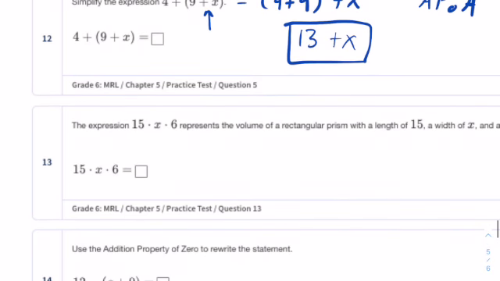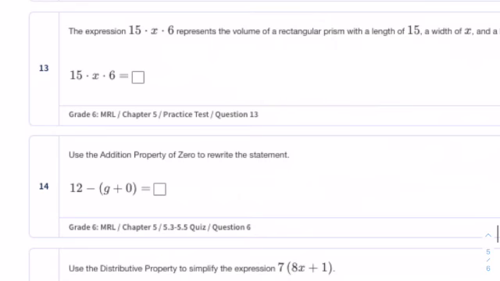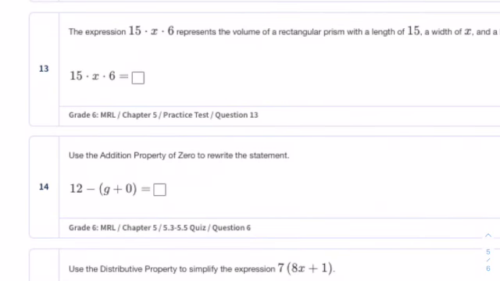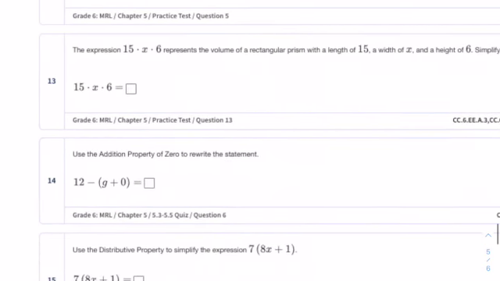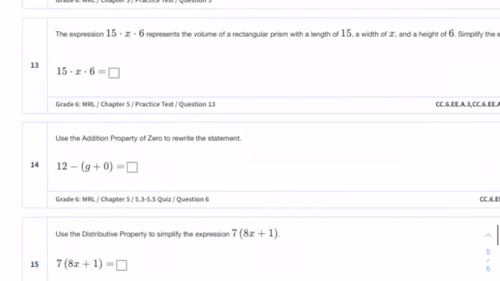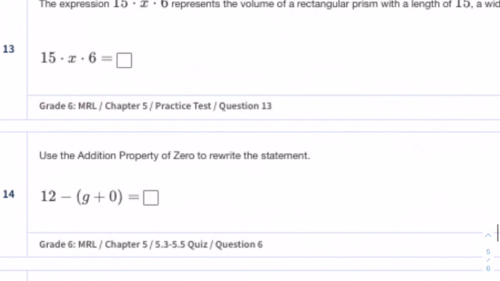The next one, the expression 15 times x times 6 represents the volume of a rectangular prism with a length of 15, a width of x, and a height of 6. Simplify the expression. Well, again here, PEMDAS would want me to do this first because I'm just supposed to do it in order. But the commutative property of multiplication would let me rewrite it like this.